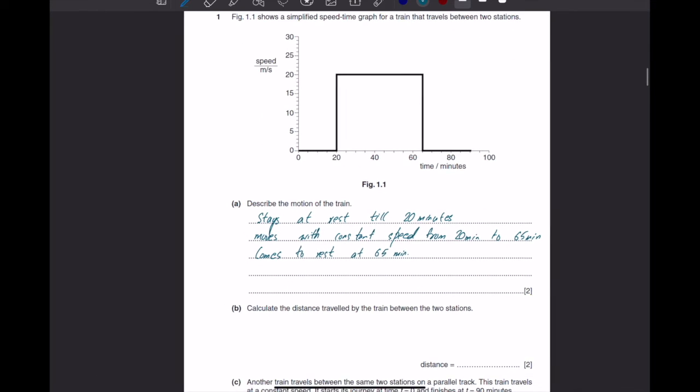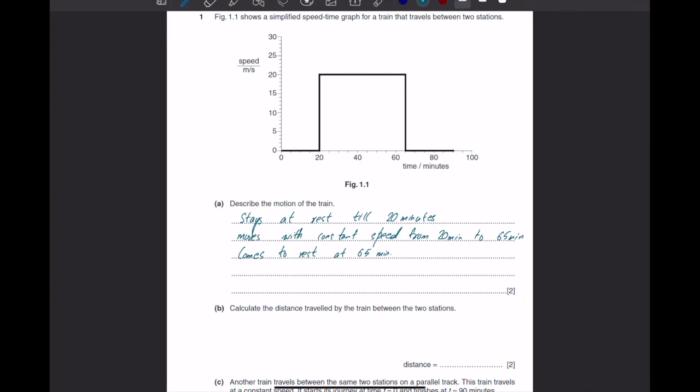Then it says calculate the distance traveled by the train between the two stations. Since it is a speed time graph, the distance traveled by the train must be area under the speed time graph. So I'm going to calculate this area of a rectangle whose height is 20 and whose width is 65 minus 20.